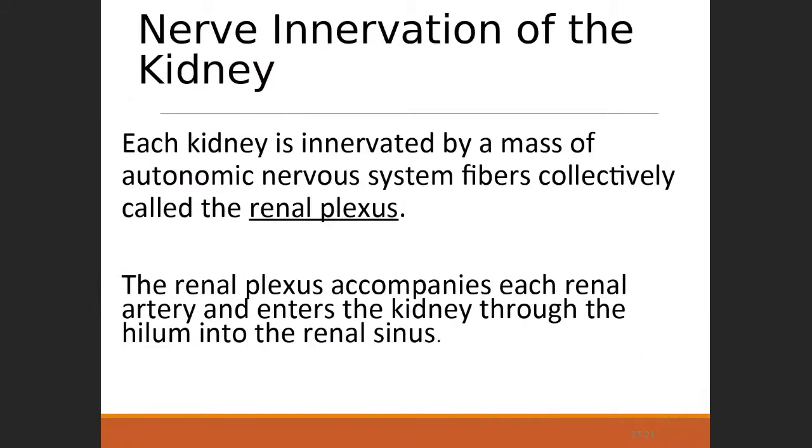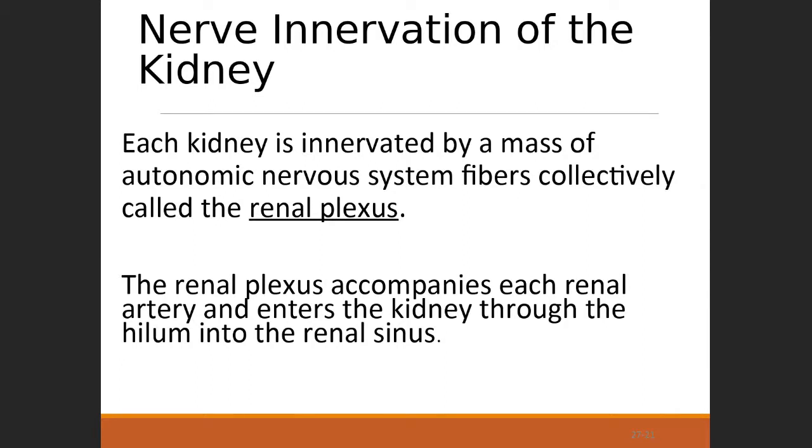Each kidney is going to be innervated by a series of nerves, autonomic nerves, called the renal plexus. We will be talking about the kidney as we go, as a means of doing an awful lot of regulation for the blood.